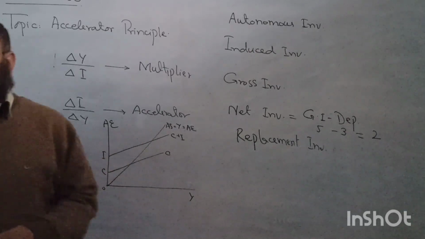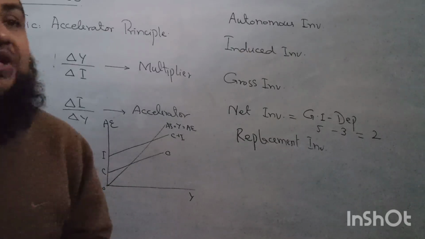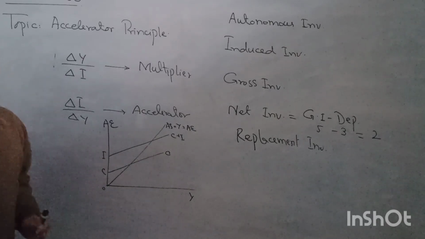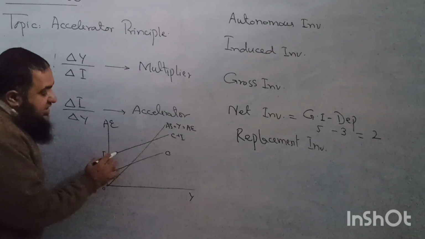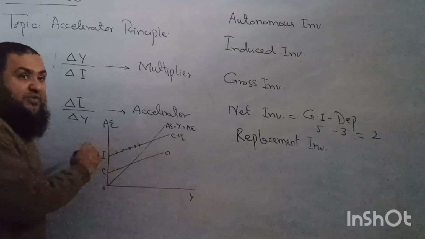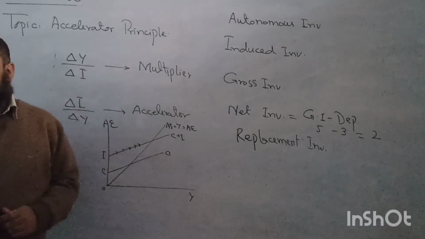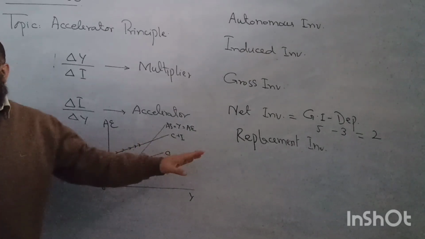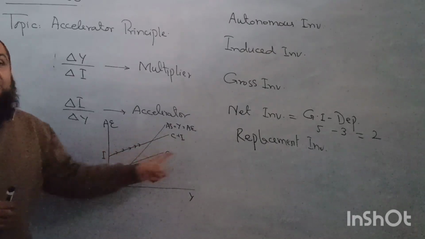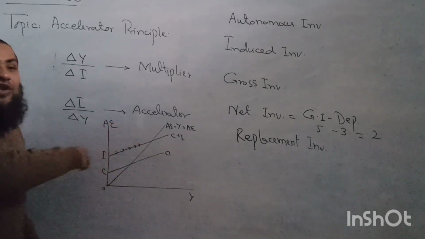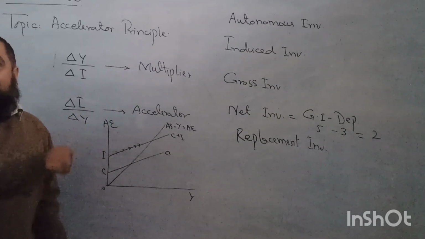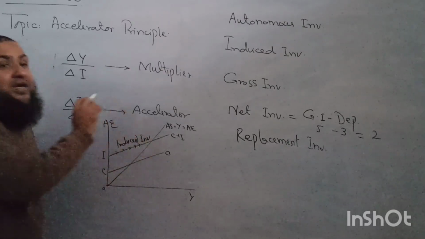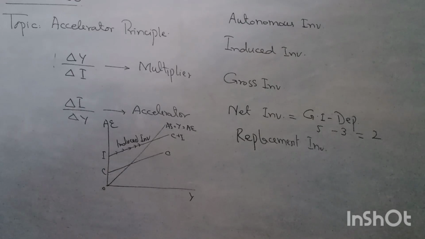So this investment is autonomous, which I told you yesterday. This is autonomous investment, this vertical distance. But you see, as income is increasing, investment is moving along the curve, it is also increasing. Your expenditure line is not having a constant value. This investment is constant, but the movement along the aggregate expenditure line when investment has increased, this investment is called induced investment.